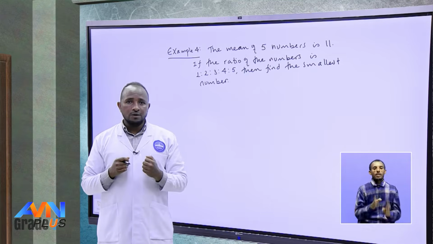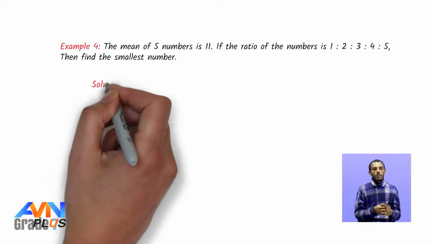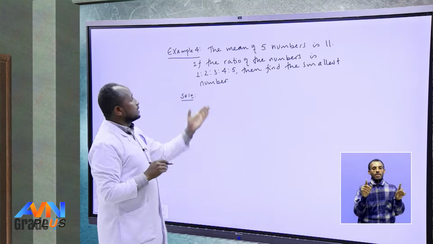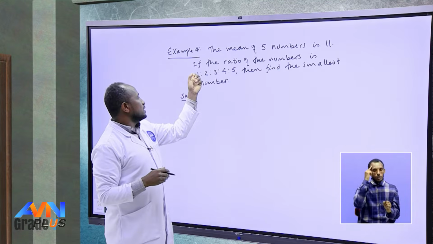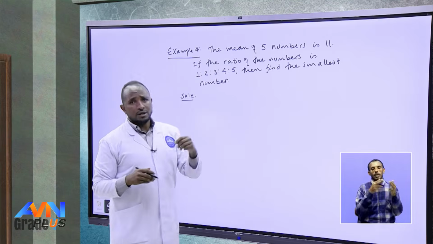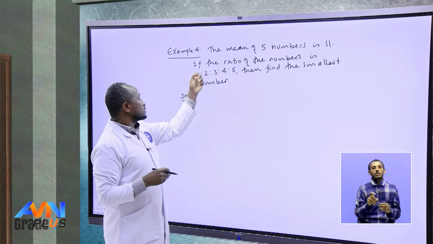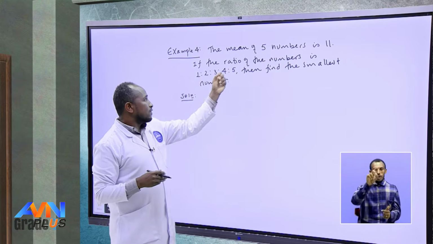Let's try together. Since the numbers are not known, but the ratio is given, we can assume the first number to be, this is in the lowest terms, multiply each term by a constant number, assume x. So we assume the smallest number to be 1x, the second number to be 2x, 3x, 4x, 5x.